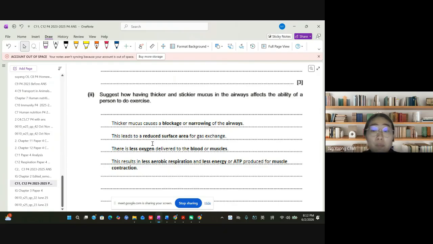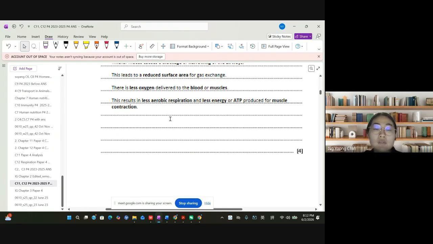It will cause a narrowing and blockage of the airway. So this will reduce the surface area for gas exchange. Less oxygen is delivered to the blood and muscle, because you have a blockage, so you reduce the blood flow. So this will result in less aerobic respiration and less energy, ATP, produced for the muscle contractions.